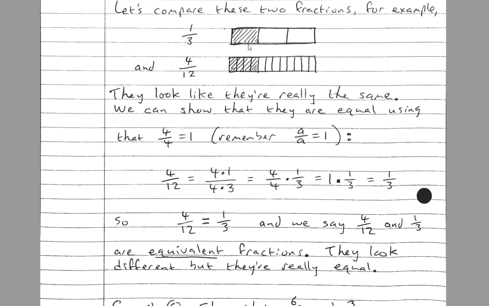Okay, so it's exactly the same amount of shading. So fractions that look different but are really equal, we call those equal fractions or equivalent fractions. All right, so that's what this section's about.